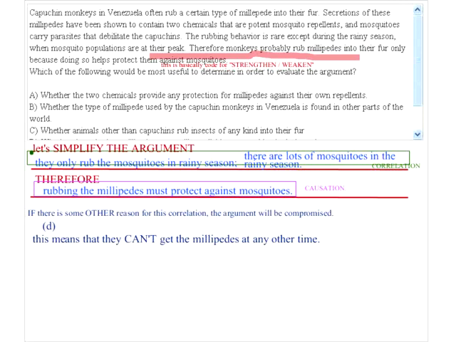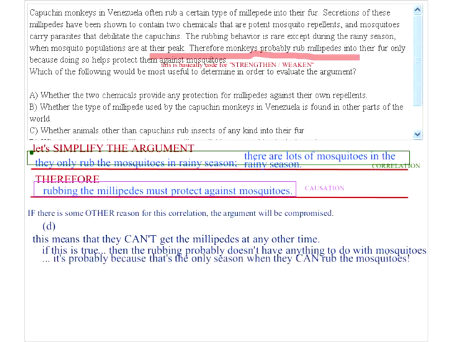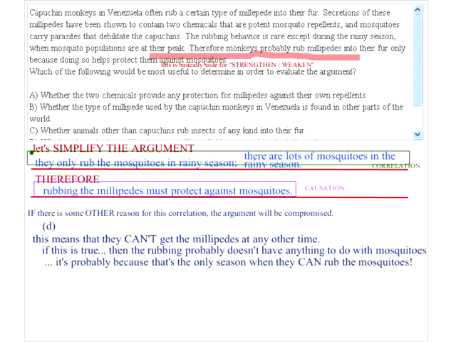If this is true, then the rubbing probably doesn't have anything to do with mosquitoes anymore. It's probably just because they can't get them. It's probably because that's the only season when they can rub the millipedes. So that's going to have a substantial weakening effect on this argument. So that's a strong answer choice.